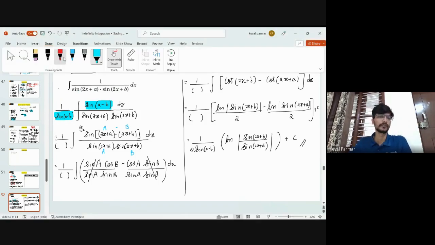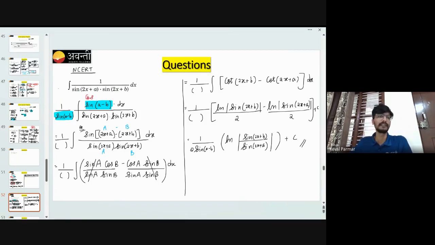Why not cos? यहाँ पे मैं cos भी ले सकता था ना. Why not cos? So here you have to see if this is same. Same means both are sine, or if suppose both are cos. So same implies use sine.